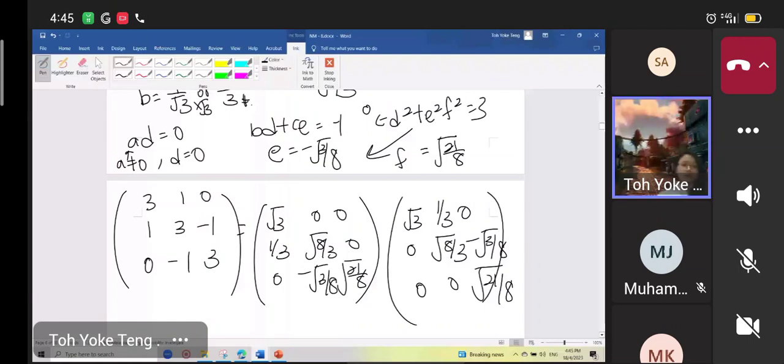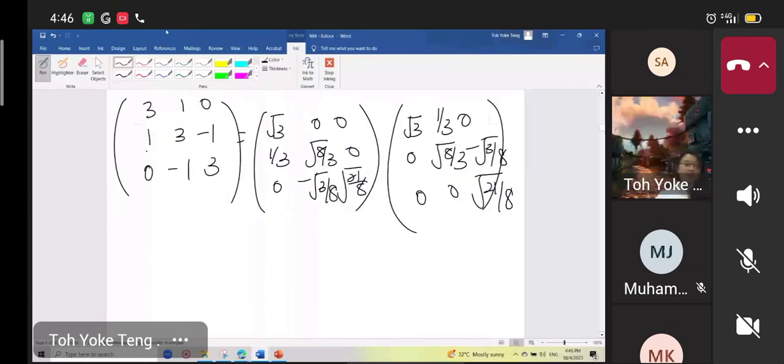Okay, so that is why it refers to this question. This one is the tri-diagonal. That is why in the end you will get D which is equals to 0. Once you get it in this form, this one is the lower triangular, this one is the transpose of the lower triangular. So matrix multiplications of the lower triangular and its transpose equals to 1.